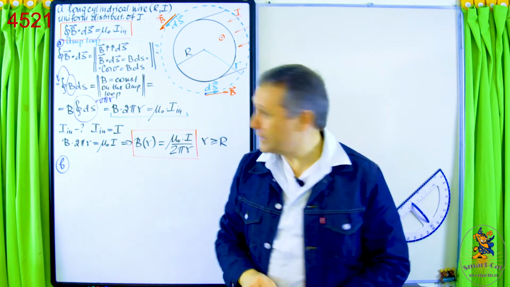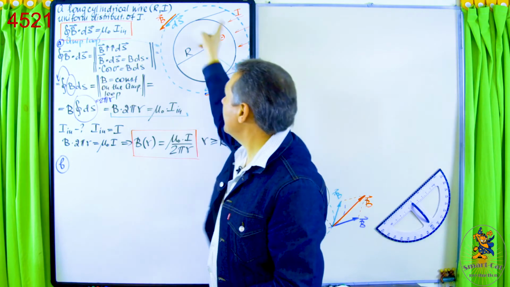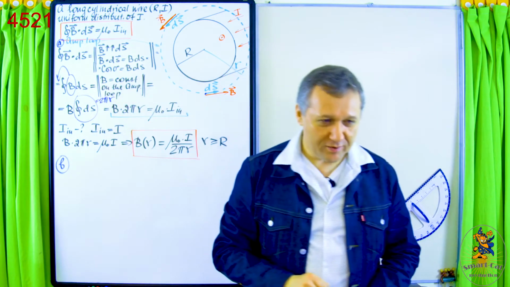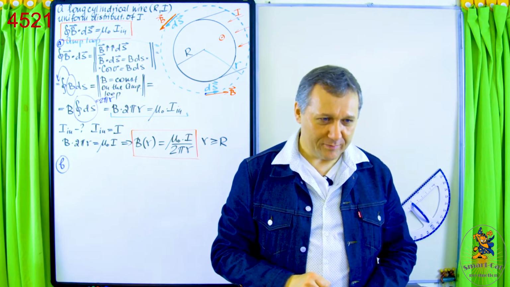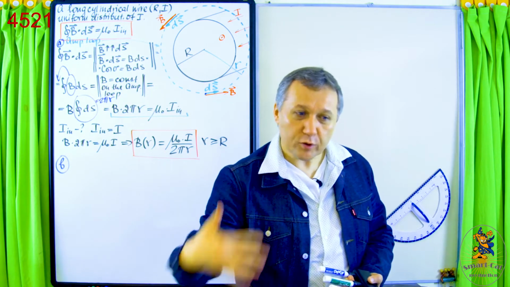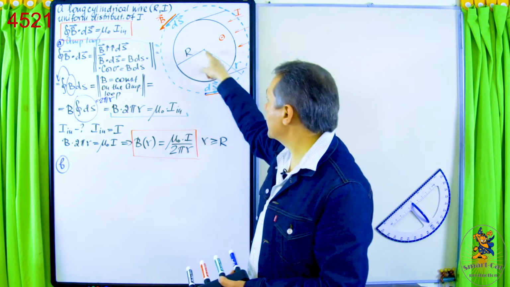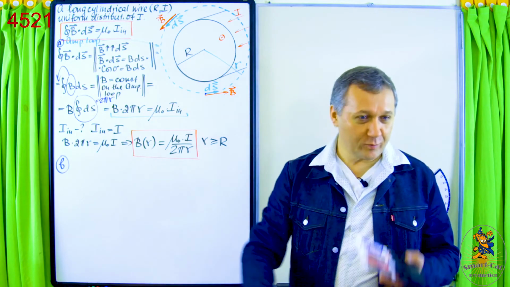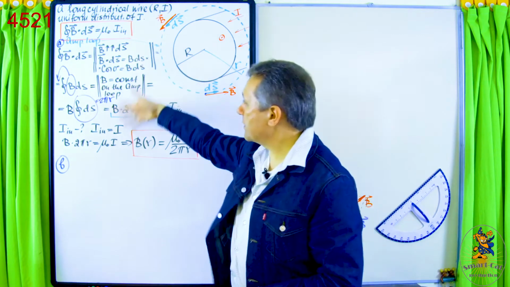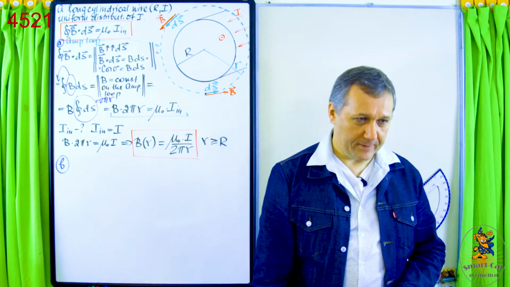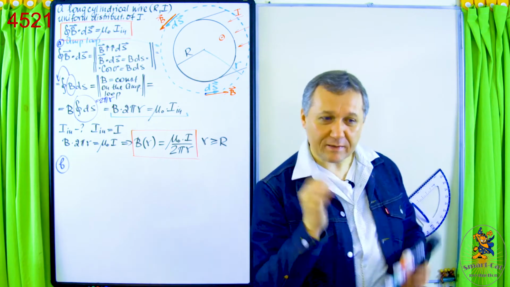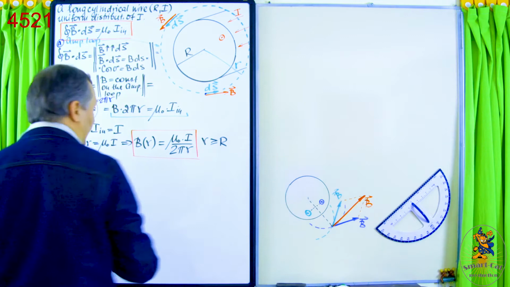Second, B would not be constant on your ellipse, because points of an ellipse will be at different distances from the center of the wire, and the distribution of current will look different from different points of the ellipse. So both of these steps would be impossible if you used an ellipse. They were possible because we picked the best amperian loop.